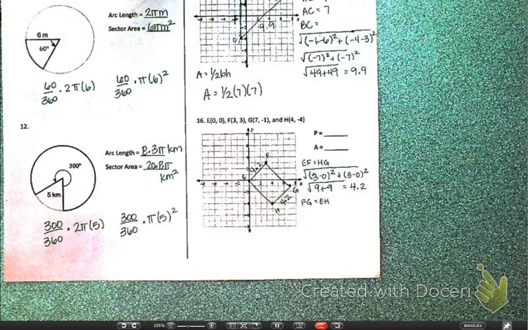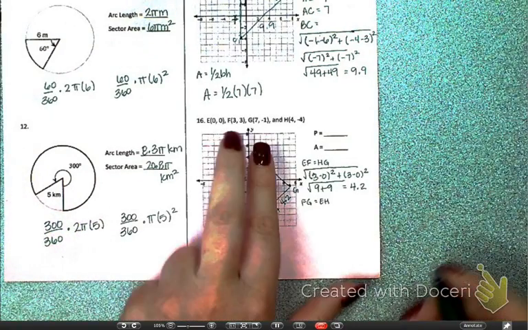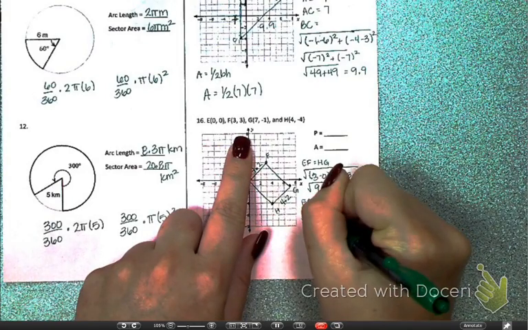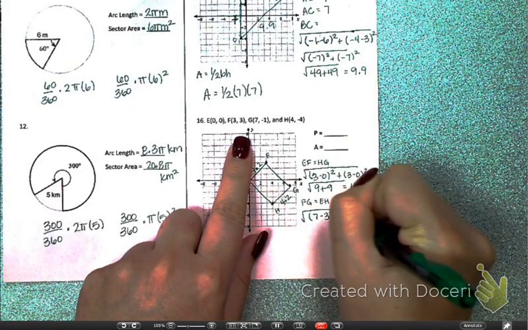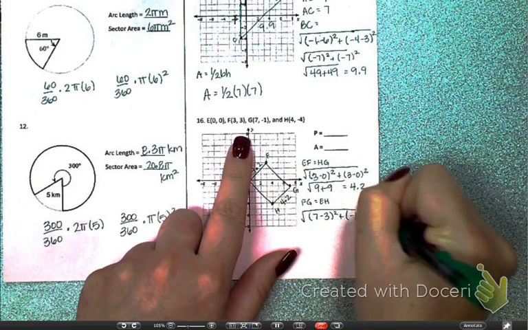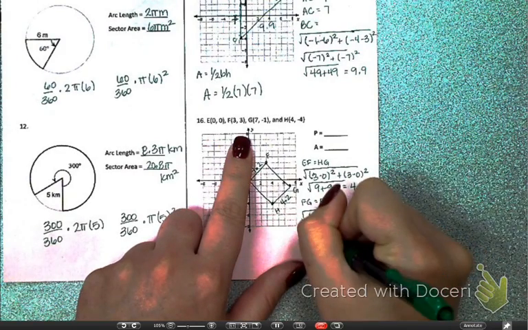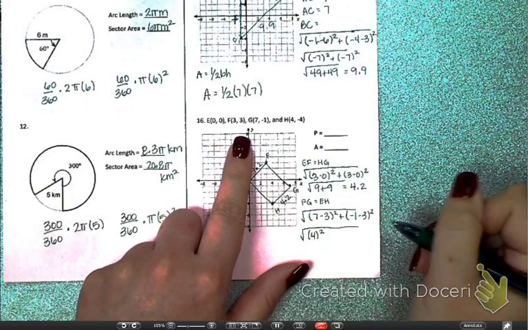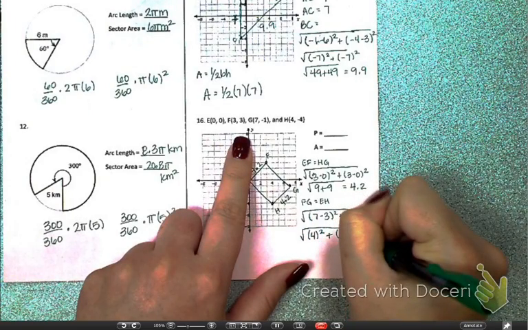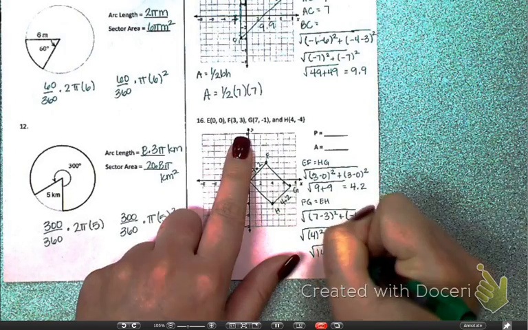Before I do the math, should FG and EH be longer or shorter than the other ones? Longer. It should be bigger than 4.2, right? If it's not, you probably did something wrong and you should go back and fix it. So let's find FG. The square root of 7 minus 3 squared plus negative 1 minus 3 squared gives me 4 squared plus negative 4 squared, or 16 plus 16.